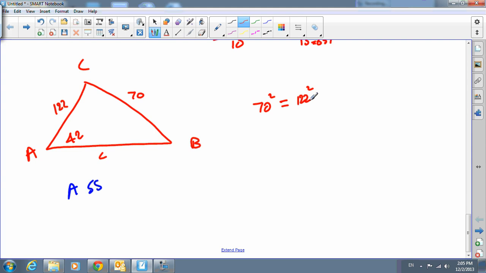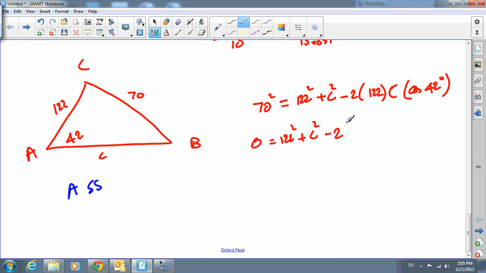So I will say 70 squared is equal to 122 squared plus C squared minus 2 times 122 times C, and I have the cosine of 42 degrees. So 0 is equal to 122 squared plus C squared minus 2 times 122 times C times also the cosine of 42 degrees minus 70 squared.